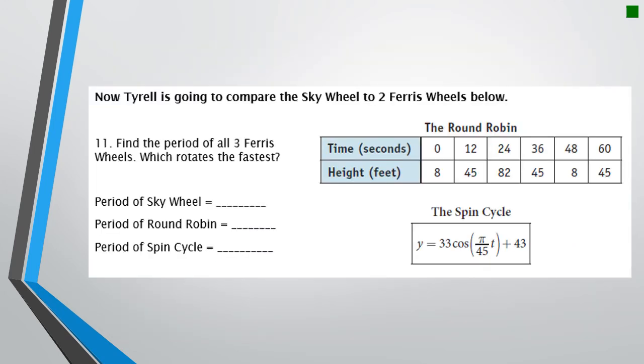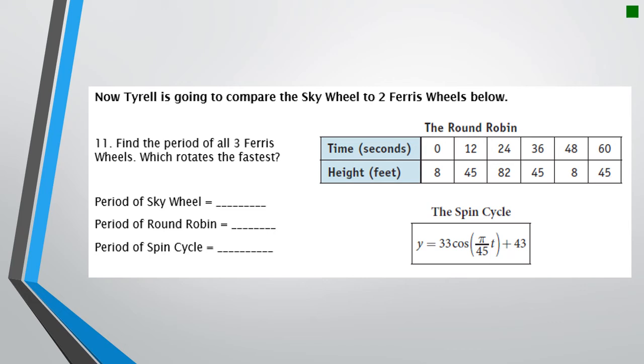Now we're going to compare the sky wheel to two of the Ferris wheels below, and these are given to us in different ways. We had everything about the sky wheel: a diagram, a table, a graph, and an equation. Now when we're talking about the round robin, all we have to look at is a table. And when we're talking about the spin cycle, all we have to look at is an equation.